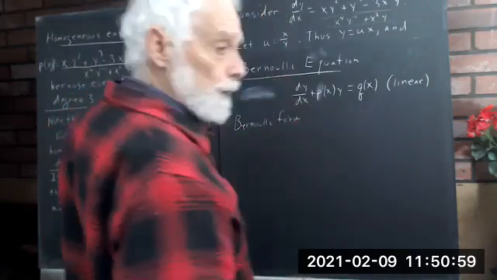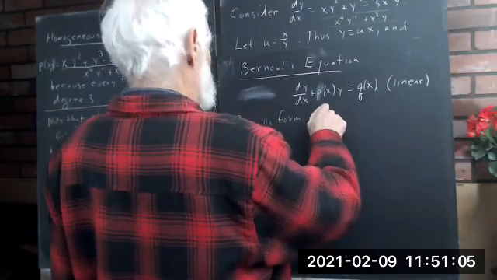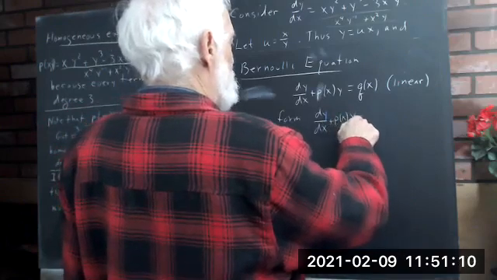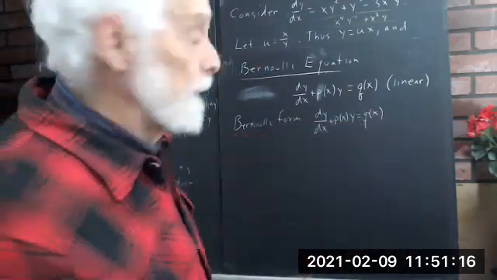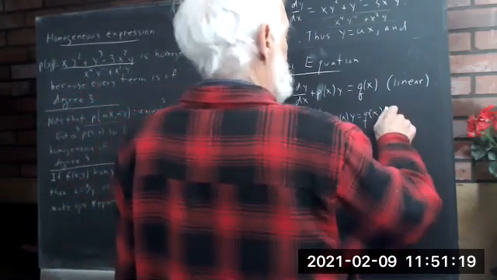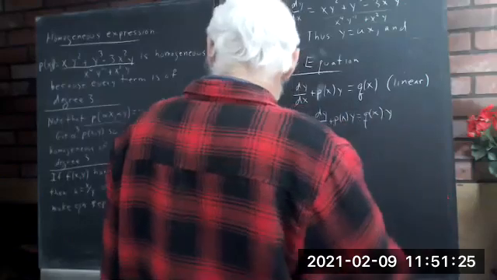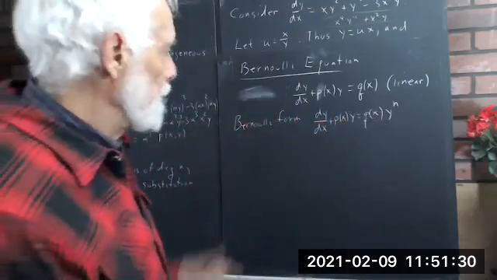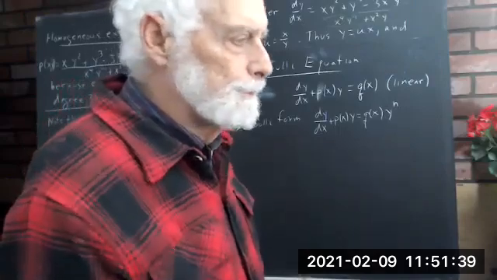Write it this way: this is your linear equation in the form of a Bernoulli, same left-hand side. So it looks just like a linear equation, except that now there's a power of y. Just debating whether to use N or M for this, but yeah, your book, I'm pretty sure, uses M. Okay, so here's your Bernoulli form.